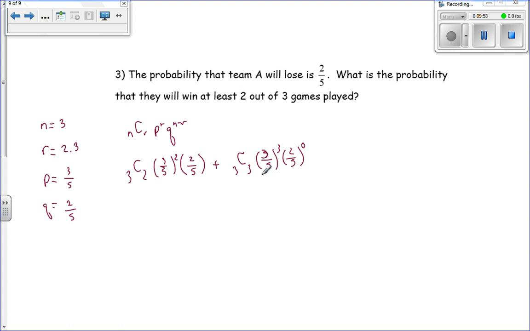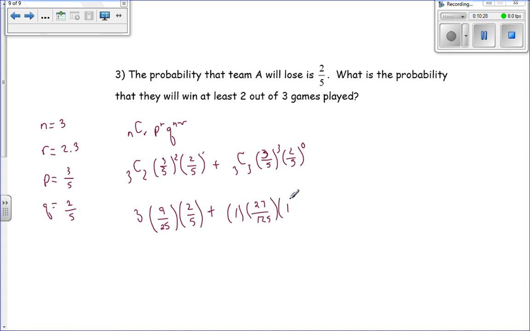Okay, and let's multiply. 3C2 is 3. 3/5 squared is 9/25. And that's the first part. Times 2/5, plus 3C3 is 1. 3/5 cubed is 27/125.